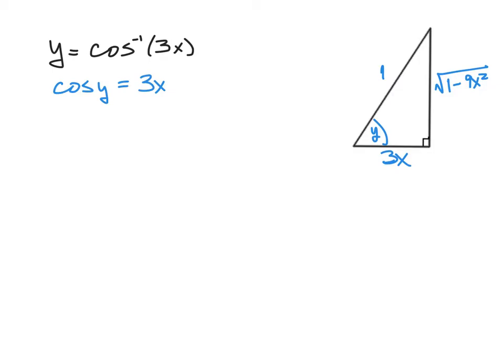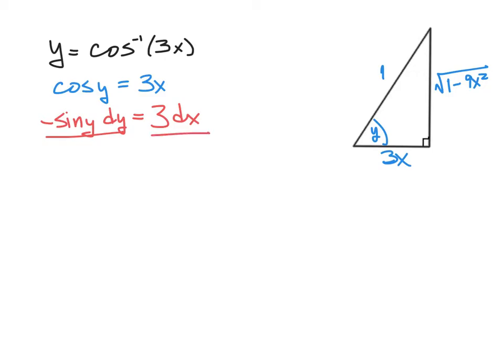Now we go back to our equation and use implicit differentiation to find the derivative. The derivative of cosine is negative sine. So our differential is negative sine of y dy, and derivative of 3x is 3, so the differential is 3 dx. We do our 2 steps of division.